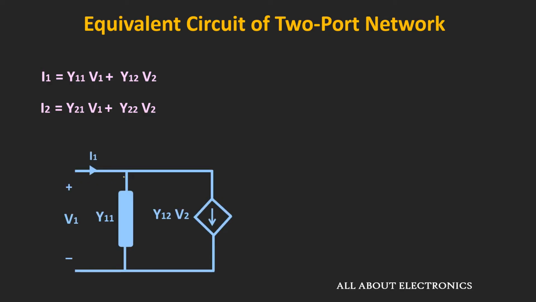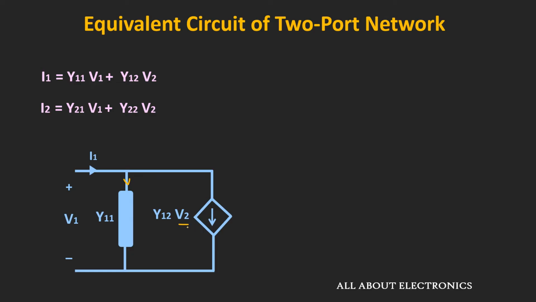Here I1 is the incoming current, while Y11 times V1 and Y12 times V2 are the outgoing currents. Here Y12 times V2 is the dependent source, to be precise, the voltage controlled current source. In this current source, the value of the current depends on the voltage at the port 2.